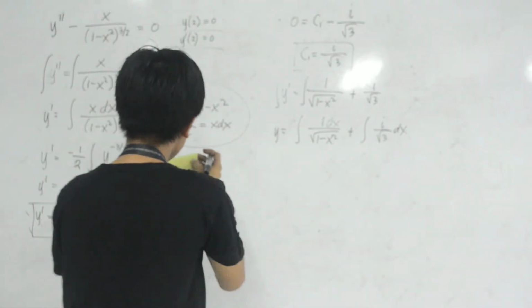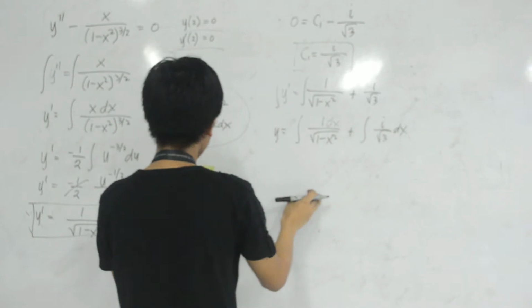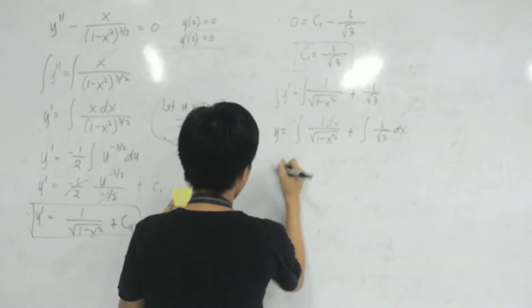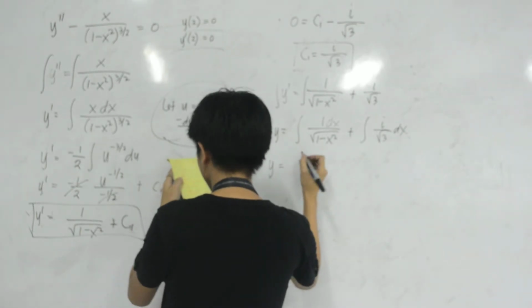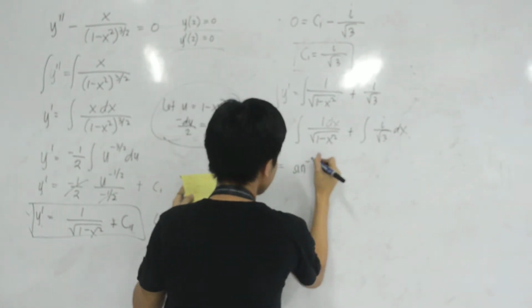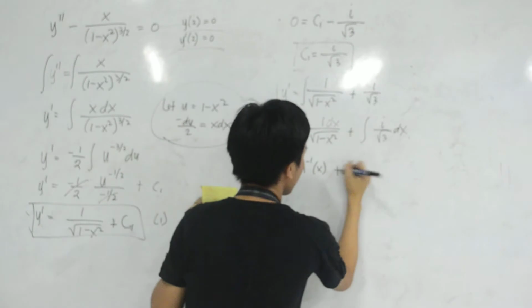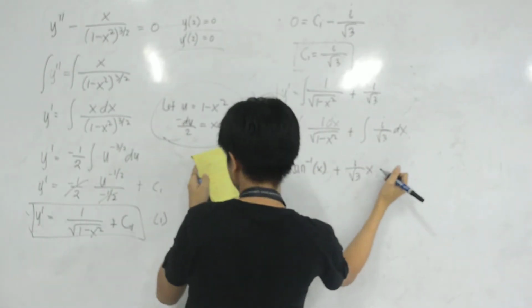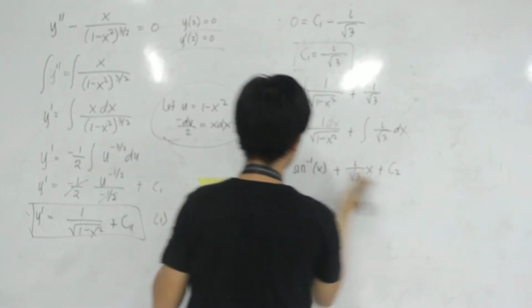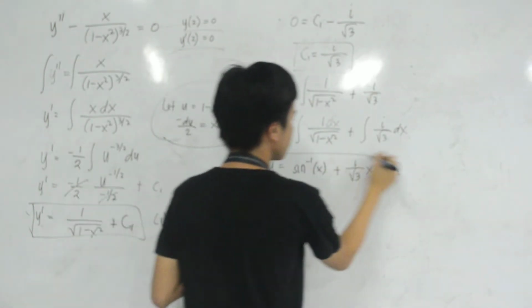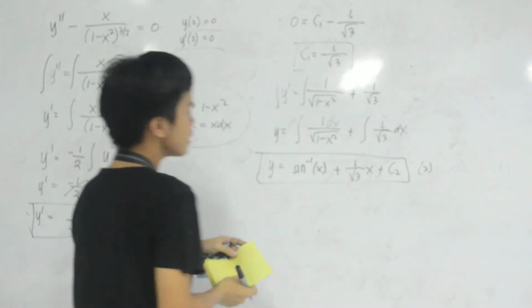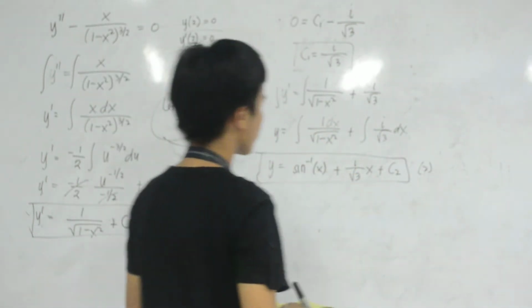By calculus, in integrals yielding inverse trigonometric functions, we will end up with y is equal to sine inverse of x plus i over square root of 3 times x plus c2. We will again consider this equation as equation number 2, where our c2 here is an arbitrary constant.